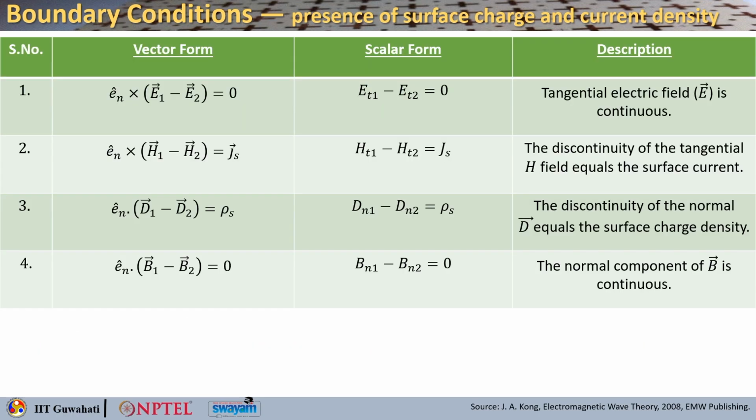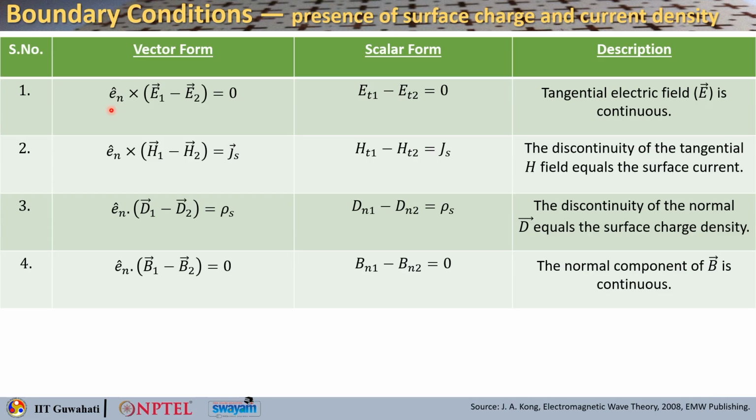Finally, we can put all the boundary condition equations together in the presence of surface charge and current density, and this is how it looks in vector form. You can write n cap directly, or you can write it as a unit vector along n, which is the surface normal.